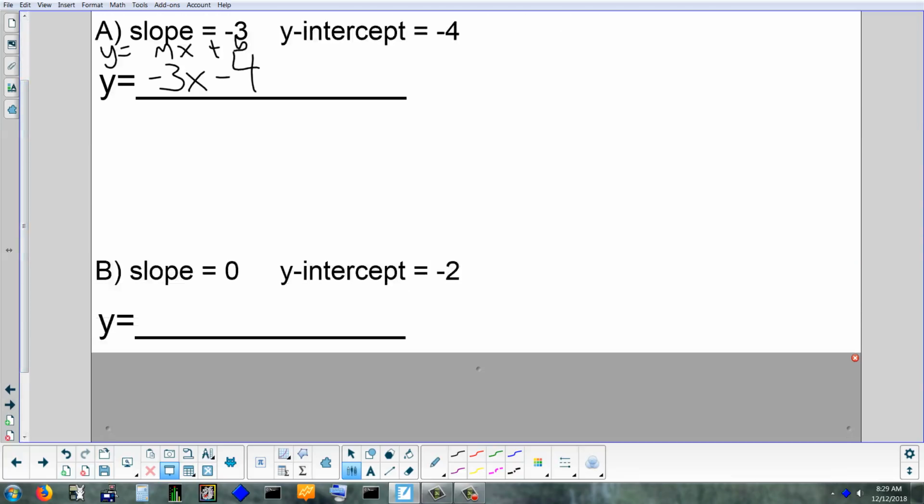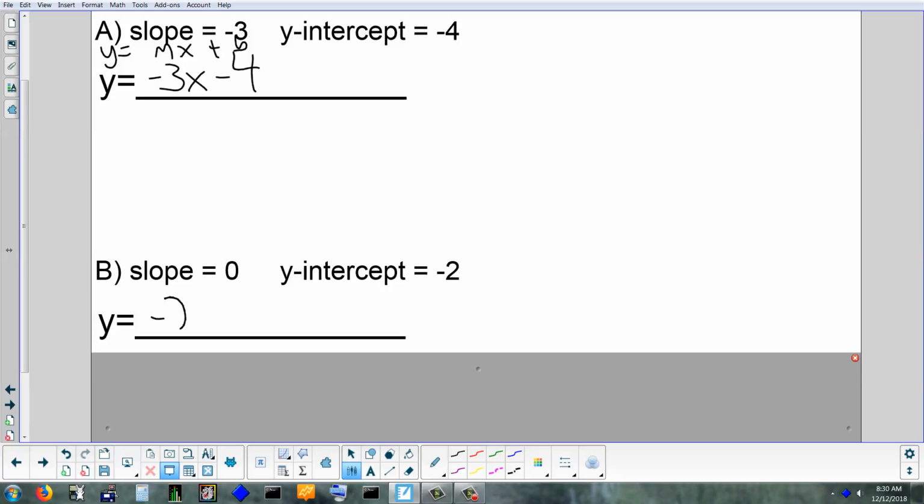This one has a slope of 0 and a y-intercept of -2. So what would my equation be? I know I'm using y equals mx plus b. I want to put these two pieces of information in y equals mx plus b form. What is my equation going to be? Yep, Nicole just said it.